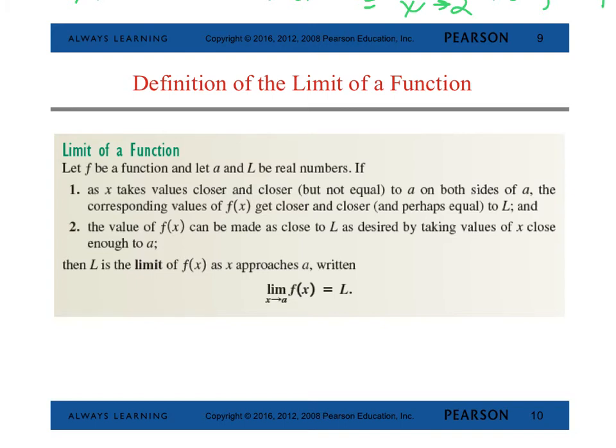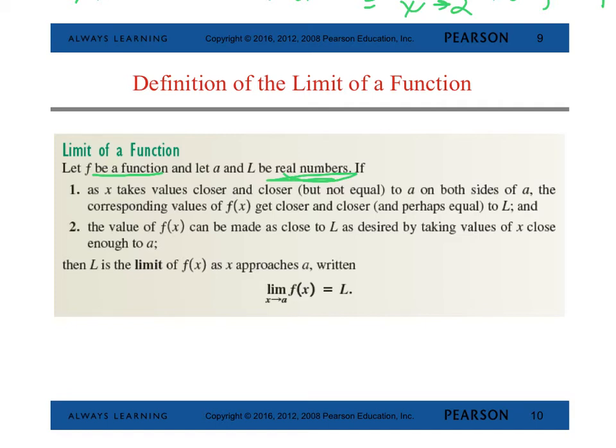So we have at this point arrived at the definition of the limit of a function. F is a function, and A and L are just real numbers. They're just numbers. You can pick any number you want. The point is that A is what we're going to let x approach.